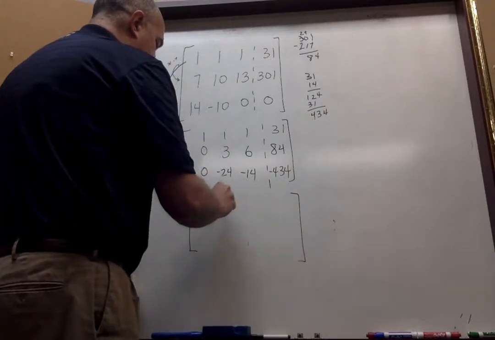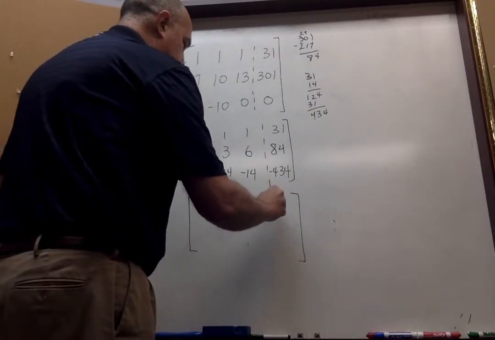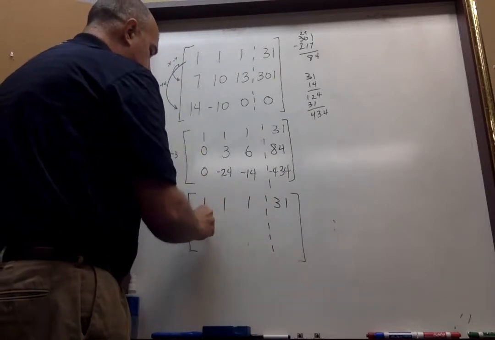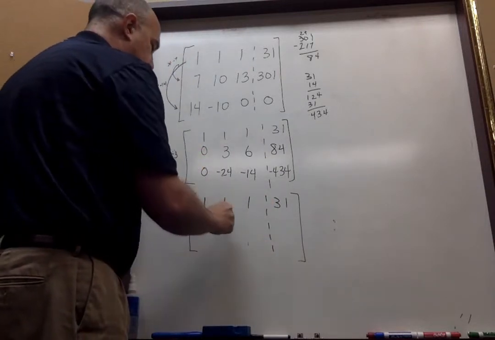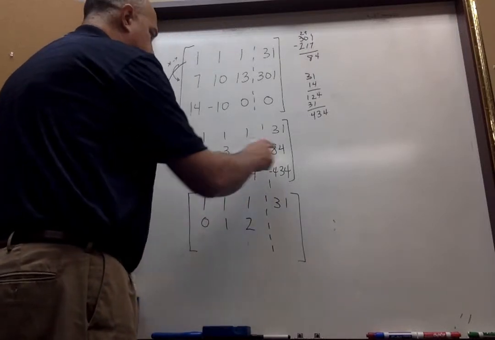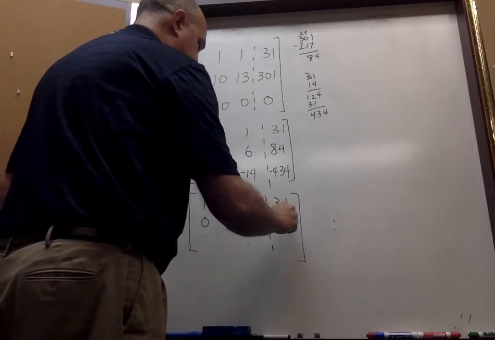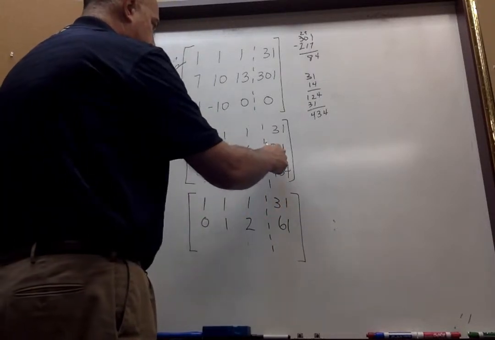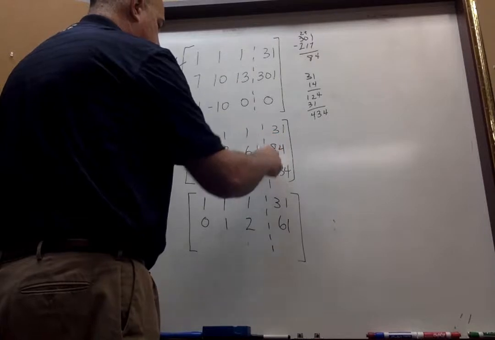So my first row stays the same. My second row becomes 0. 3 divided by 3 is 1. 6 divided by 3 is 2. 84 divided by 3 is what? 61? No, that's not right.